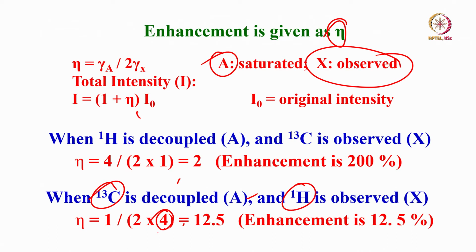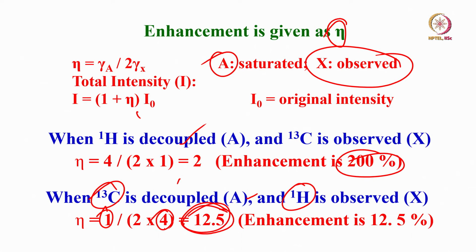This 4 is in the denominator now, 1 is in the numerator. Calculate this, and it turns out to be 12.5%. See, when I decouple carbon 13 and observe proton, there is only 12.5% enhancement in the intensity, unlike decoupling proton and observing carbon, where there is 200% enhancement.